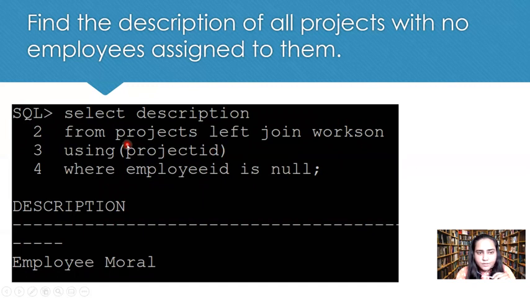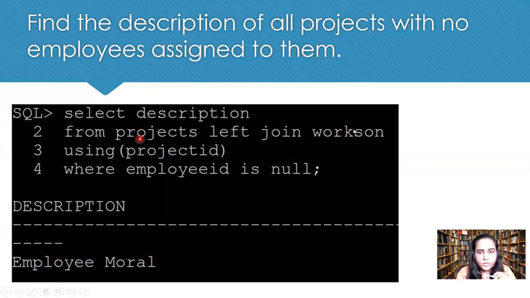So I'm taking a left outer join between projects and works on. If you notice, in the previous query I wrote left outer join, and in this one I wrote left join. In Oracle SQL Plus, the software that we are using, this is allowed. So instead of left outer join, you can use left join, and it will do the same work for you.